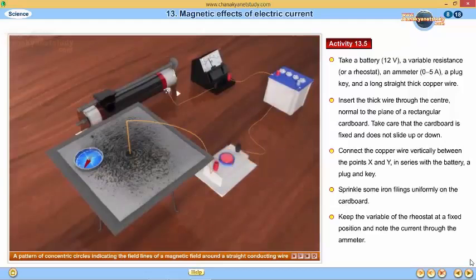Connect the copper wire vertically between the points X and Y in series with the battery, a plug and key. Sprinkle some iron filings uniformly on the cardboard. Keep the variable of the rheostat at a fixed position and note the current through the ammeter.